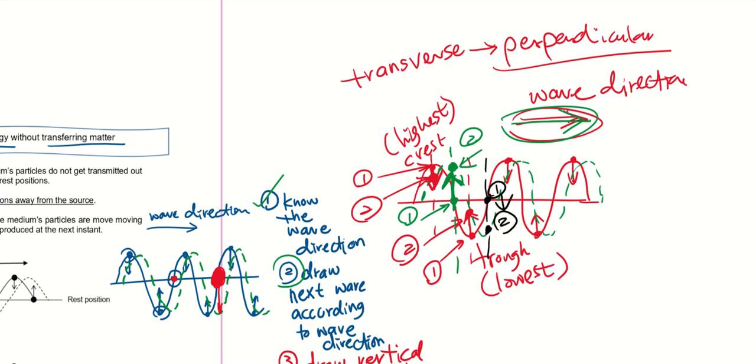So I know that it is going to move down. As you can see from the green and the black dot, although both are in the same position at this time instance, the green dot moves up, the black dot moves down. So this is the technique or step that you need to take to see whether the particles are moving up or down in the next instance.